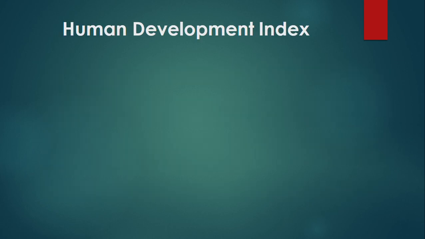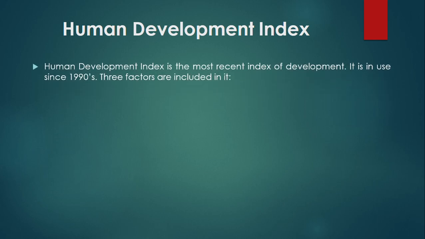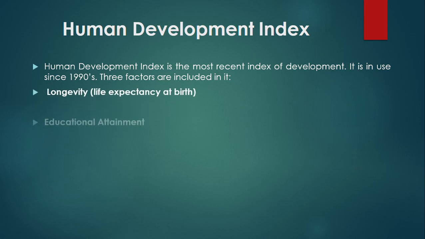Right. Now let us come to Human Development Index. Human Development Index is the most recent index of development. It has been in use since the 1990s. Three factors included in it are: first, longevity, that is life expectancy at birth.